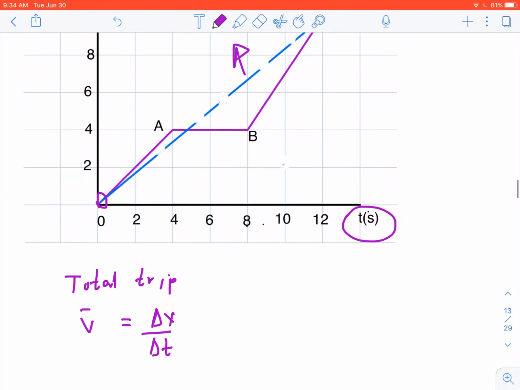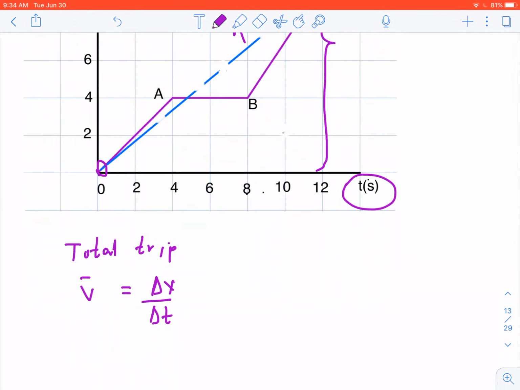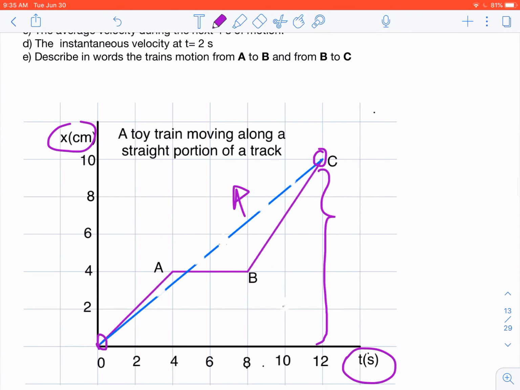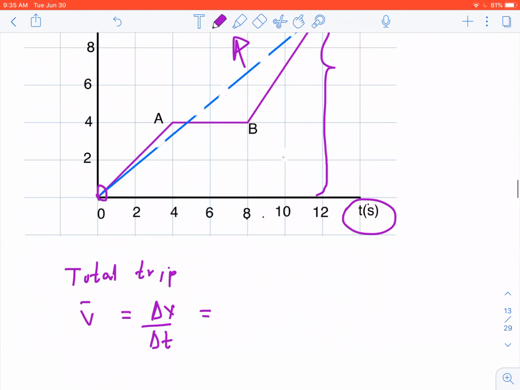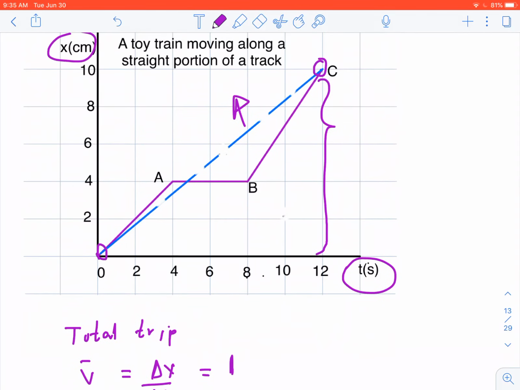The change in x is from 10 to 0, so the change in x is equal to 10, and the change in time is equal to 12, because we're determining the slope of that line.